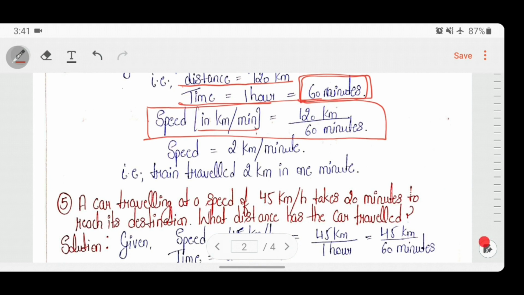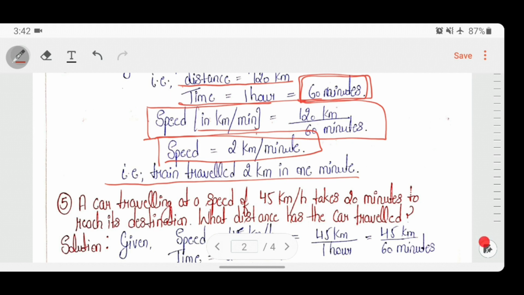After dividing these values, speed is equal to 2 km per minute. It means a distance of 2 kilometers is traveled by the train in 1 minute if its speed is 120 kilometers per hour. So this is how we can simply find the distance traveled by the train in 1 minute.